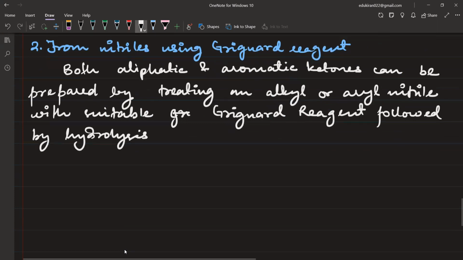Okay, so if I have something like this, CH3CH2MgBr plus CH3C triple bond N.